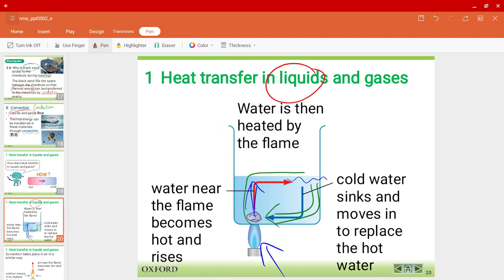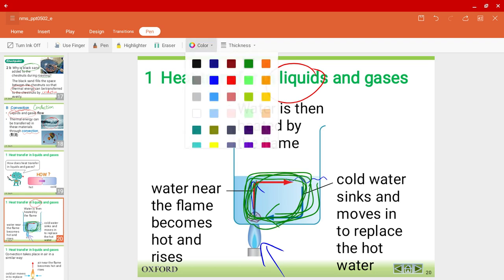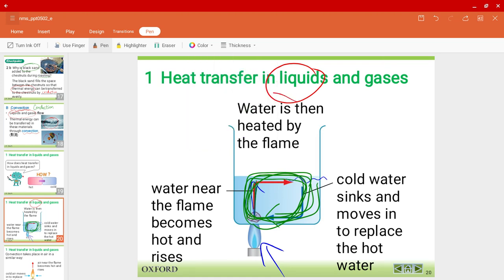This cycle, where the cold water sinks and the warm water rises up, keeps on occurring, as you can see I'm drawing over here, until eventually all the water is heated by the flame. So keep this process in mind, this square that I have been drawing.